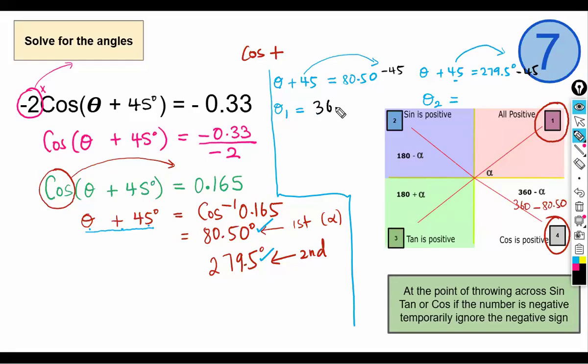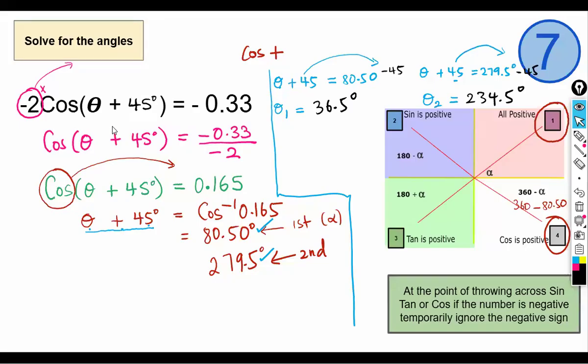My first answer is 36.5 degrees. My next answer is 234.5 degrees. I don't know if y'all can agree with those answers. Right.